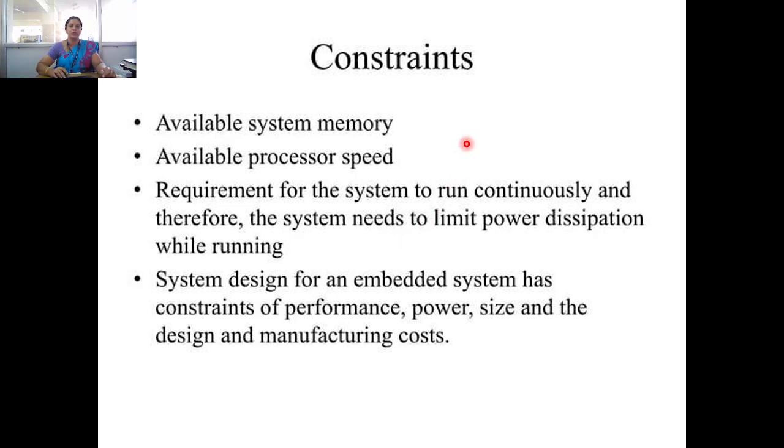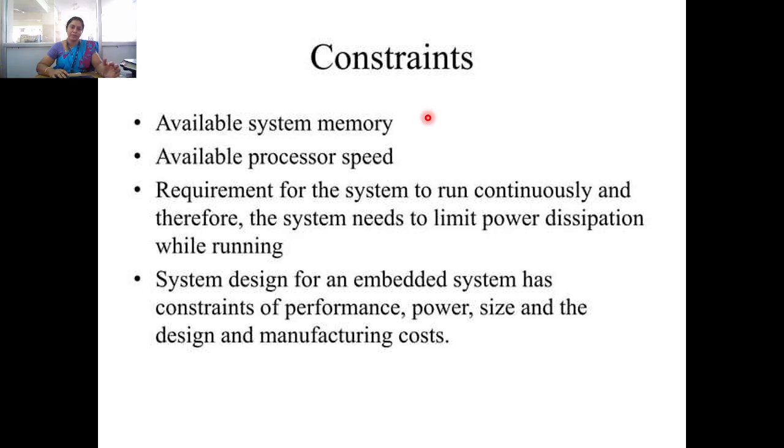These are the main two constraints for all embedded systems and for industry purposes. Day by day, systems and industrial components are updated, and the main reason is memory and processor speed. For example, old systems had less memory and less processor speed.